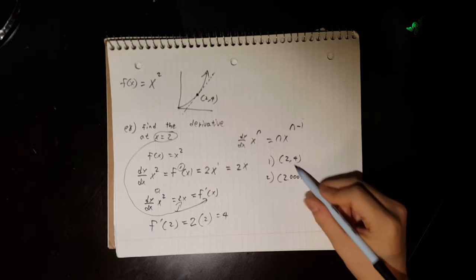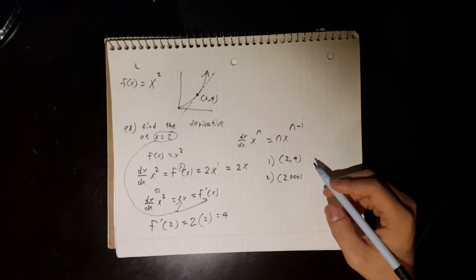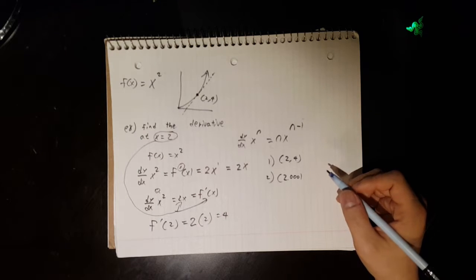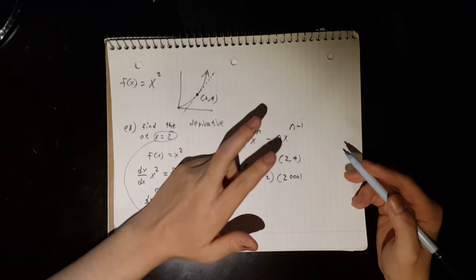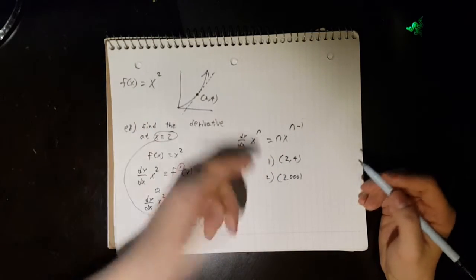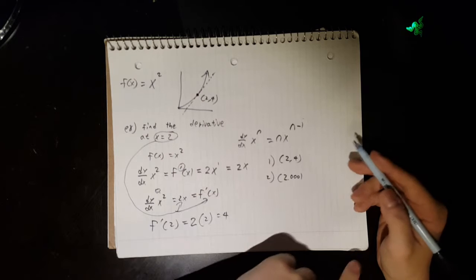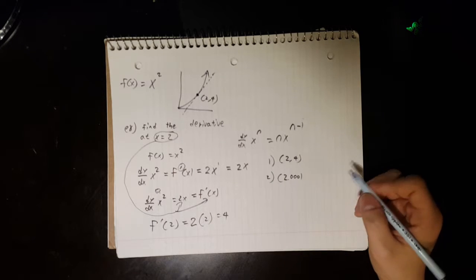That's a very small change in x, almost 0, but not yet. As this change becomes 0, we're doing the derivative, but I can't write infinitely many zeros, so I'll just end up with 3 zeros.